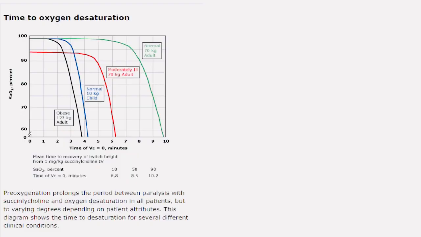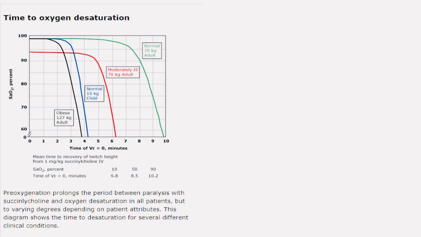There has been a study. This study was done in patients undergoing operations under general anesthesia, so they were not critically ill patients and not ER patients. They saw that if you do pre-oxygenation in such normal adults, the safe apnea time is up to 8 minutes.